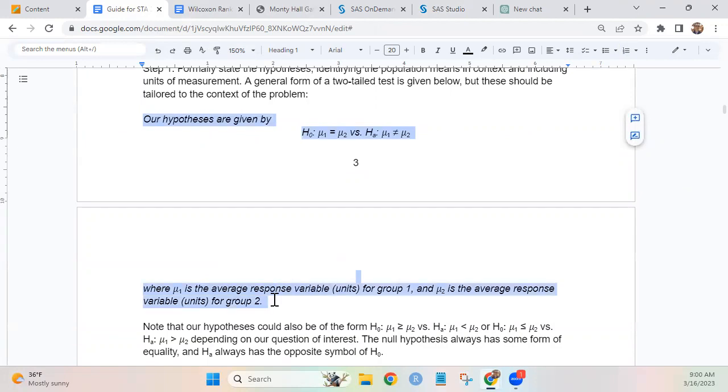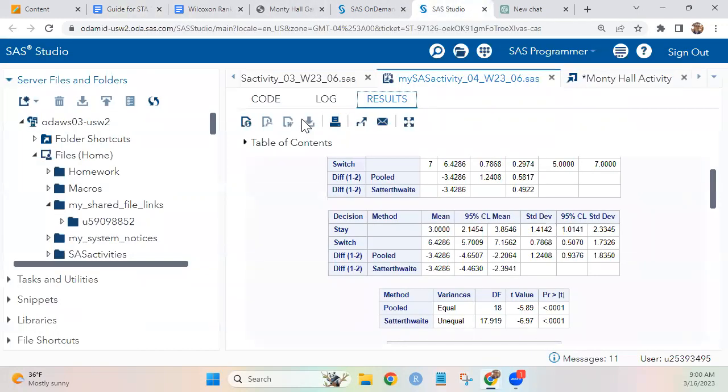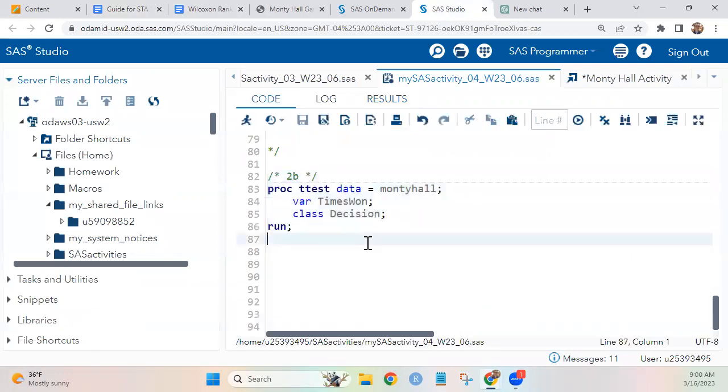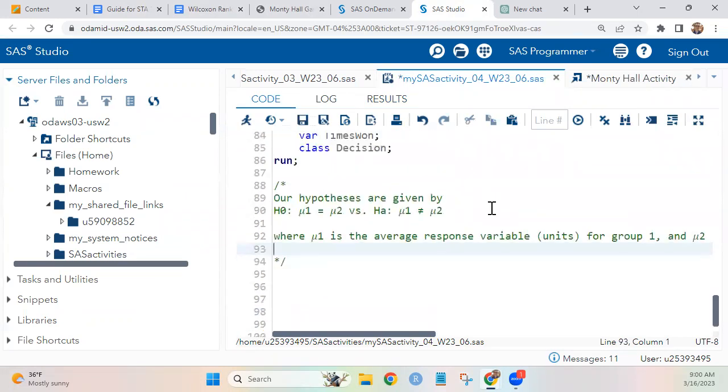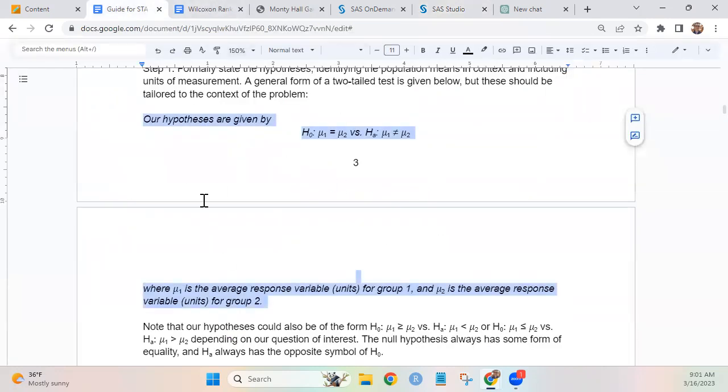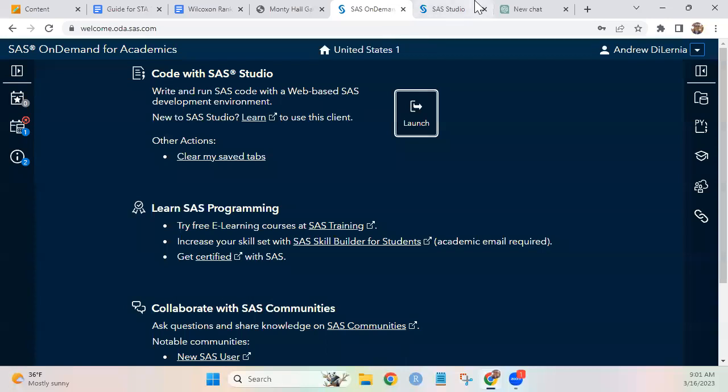Wonder how well this will paste into SAS. Probably not super great, but let's give it a whirl. Oh, it does paste the symbols. Okay, cool. And yeah, I just copied this from the guide for Stat 216 document.